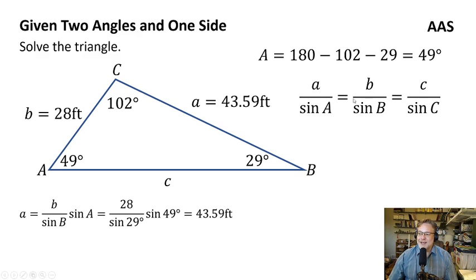A over sine of A is equal to B over sine of B, because I've got B here, it's 28, and the angle here of 29, so sine of 29.